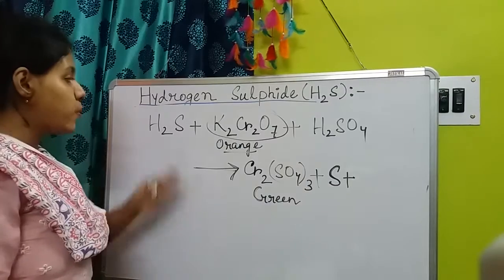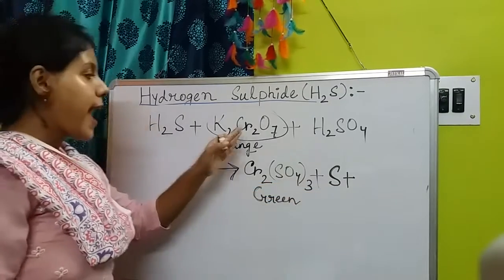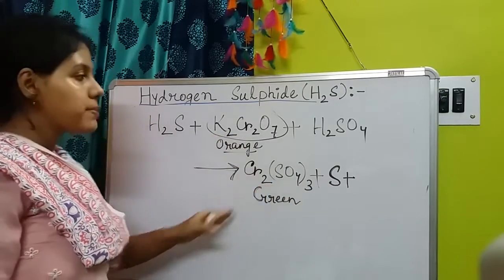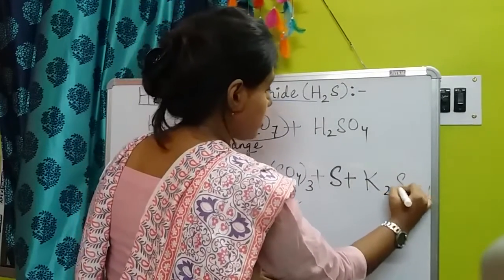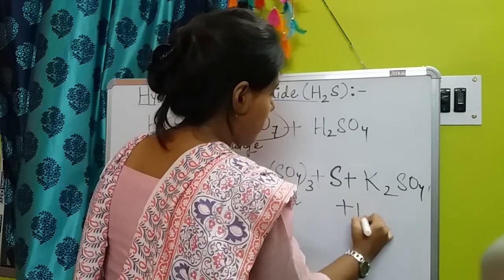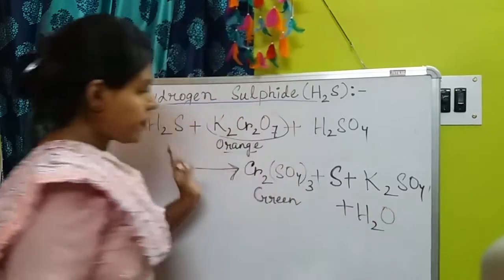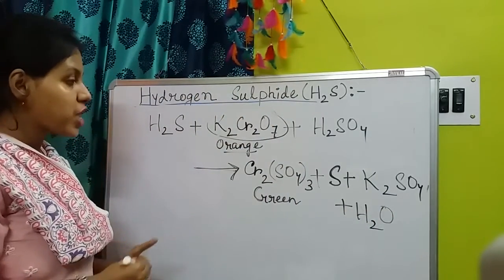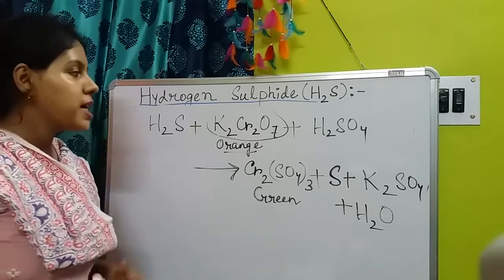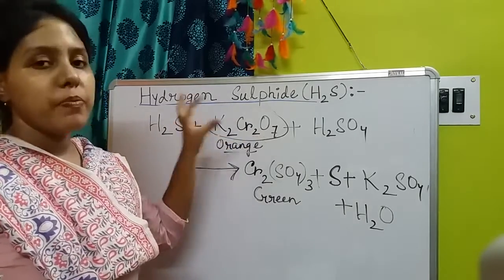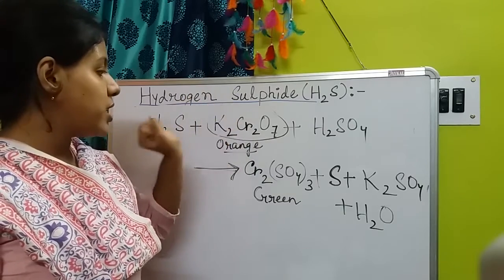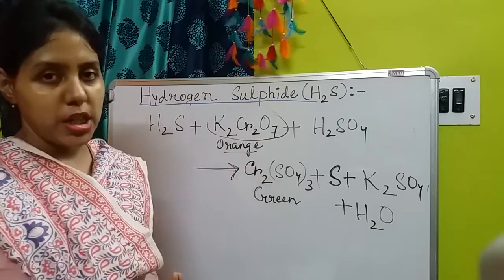H2S will be oxidized to sulfur and this will be reduced to chromium sulphate. Along with it, we will get K2SO4 plus water. After that, you have to balance this reaction. So by this method, we could see that H2S reduces this reagent into chromium sulphate.